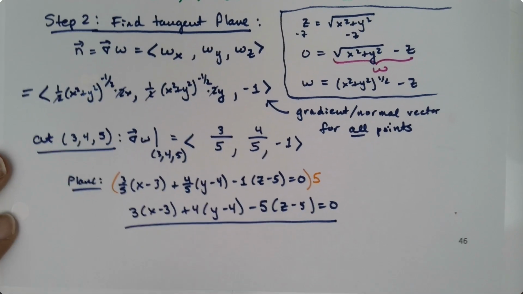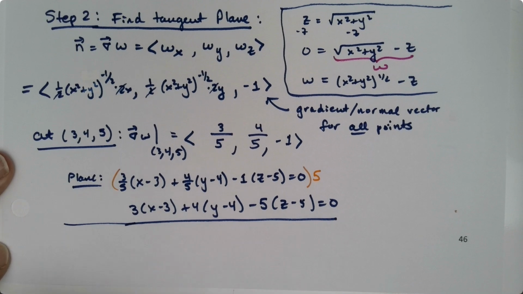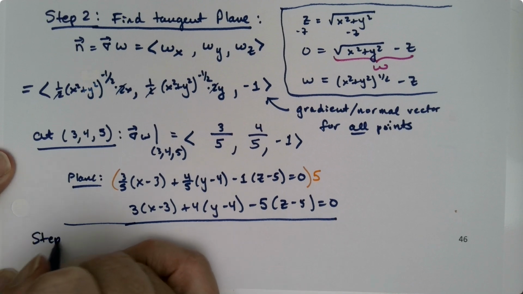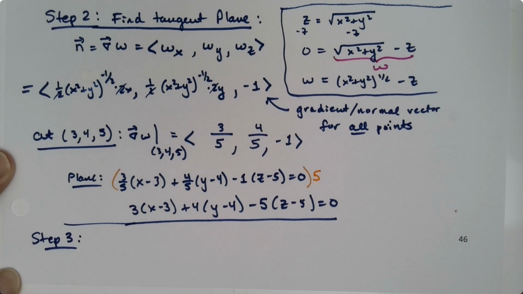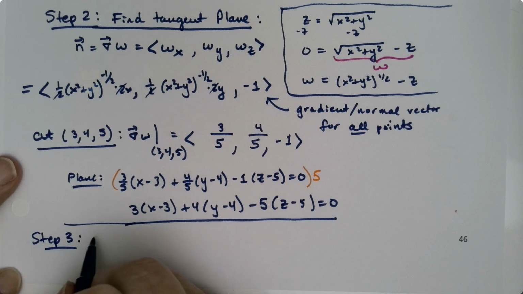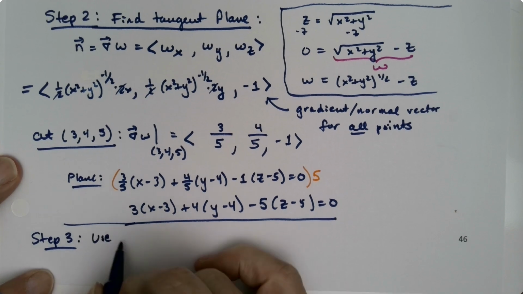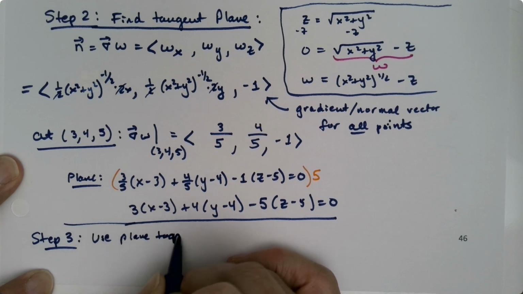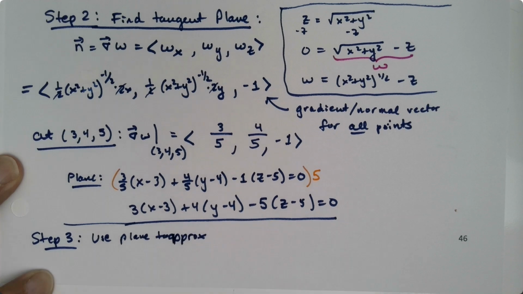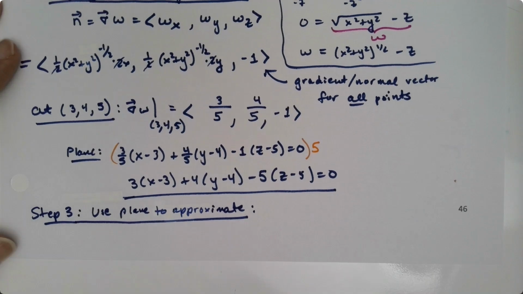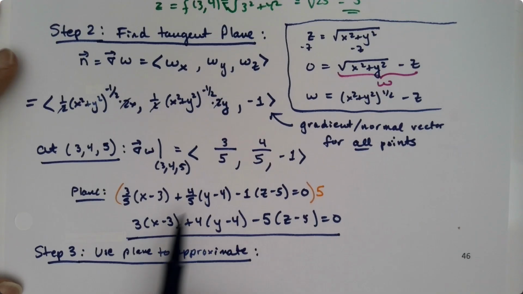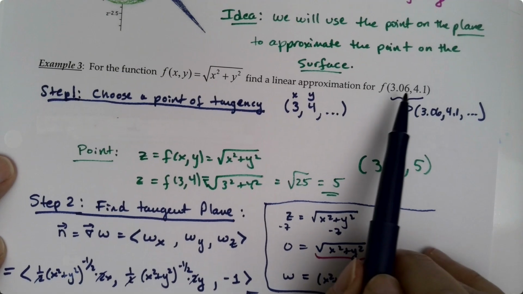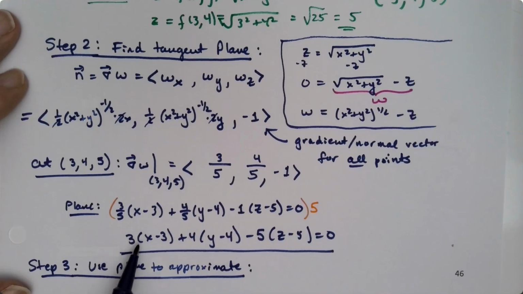All right, now for the last bit. So we've got step 2. So now step 3, we have to do our approximation. So use the plane to approximate. Which is not as hard as you might think. All you do is you take the x value you actually had, which is 3.06, and you substitute it in here.